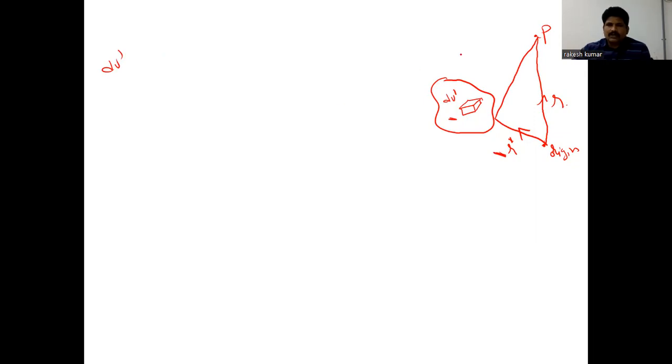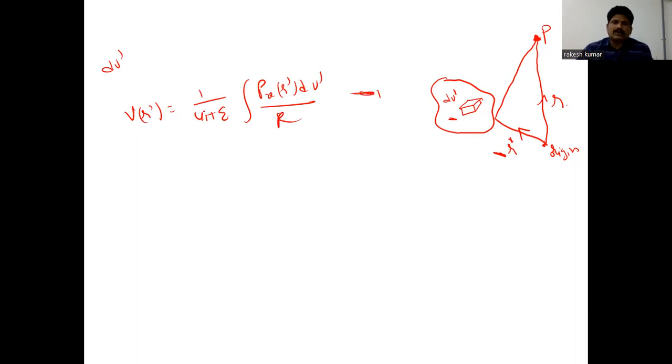Let us consider this is the origin. Point P is the point of observation. The scalar potential at point P due to this volume charge density is given as V of r equal to 1 by 4 pi epsilon into rho V of r dash into dV dash by R. This is the expression for volume charge density.